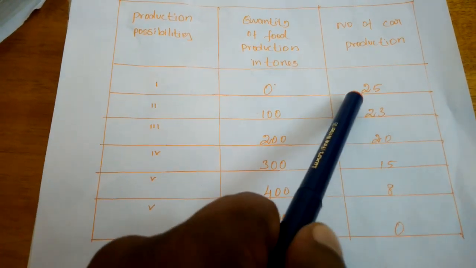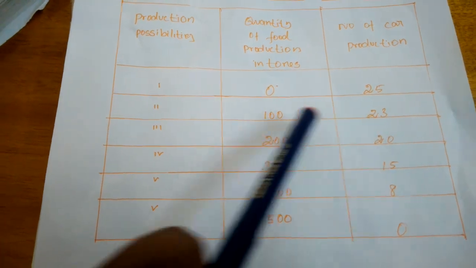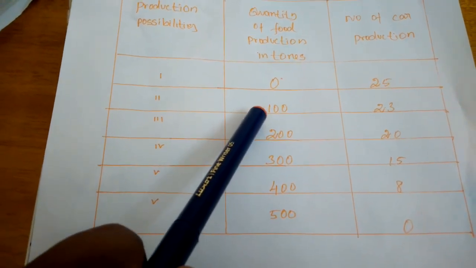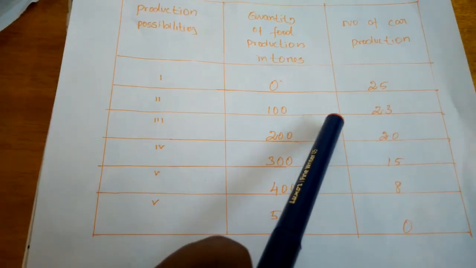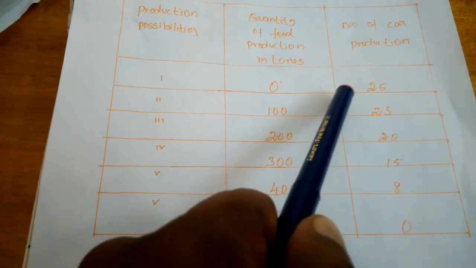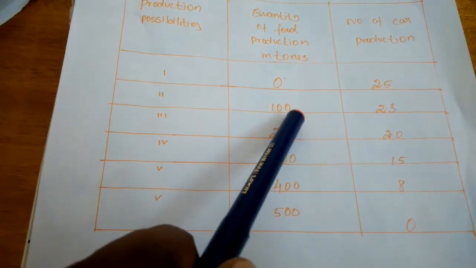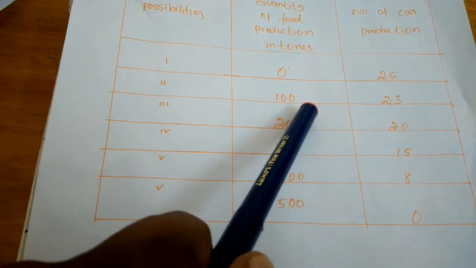So if we reduce cars by only 2, we can produce 100 tons of food. By using the resources of only 2 cars, we can produce 100 tons of food.